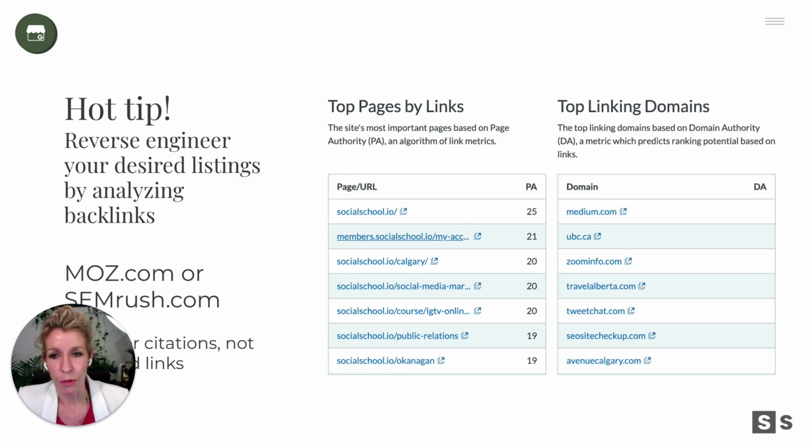So another way that we can reverse engineer our desired listings is analyzing backlinks. Now, backlinks are different than citations because citations are more about the listing, the basic information, the NAP about your company. Whereas a backlink is anyone who's mentioned you anywhere on the internet and linked to your blog or written about your services or reviewed your pizza.